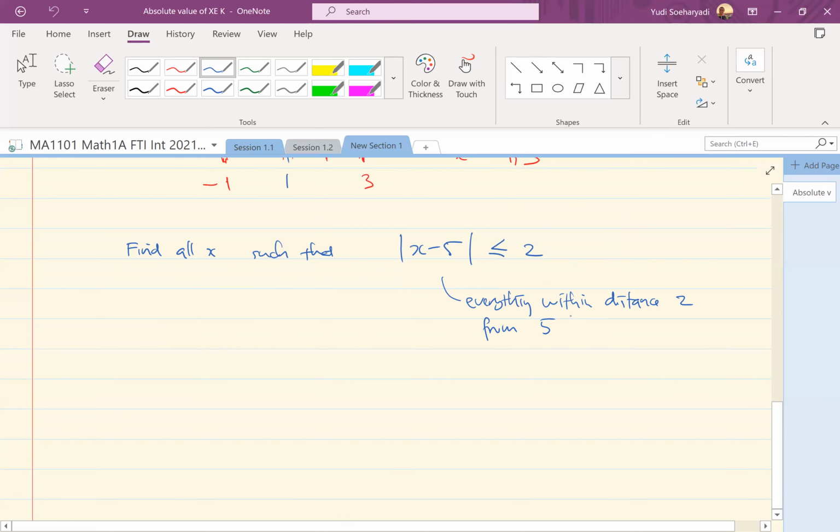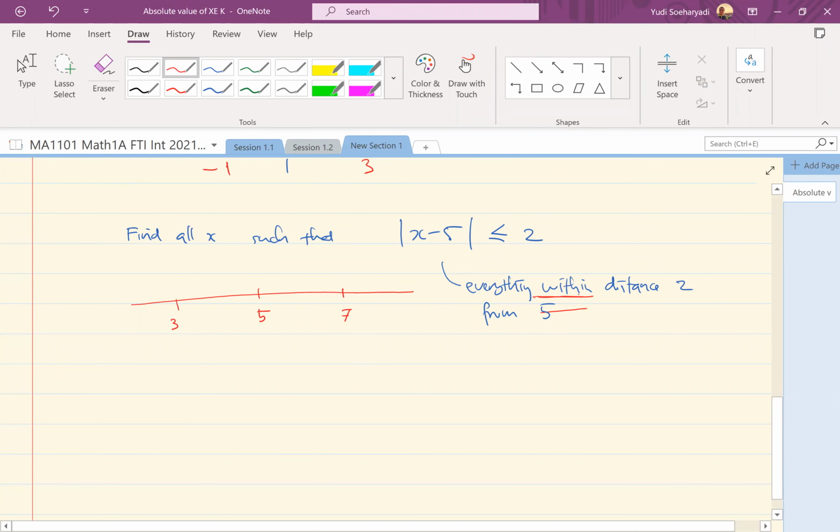Take distance 2 to the right, that's 7. Distance 2 to the left, this is 3.